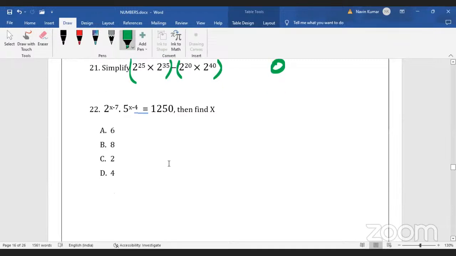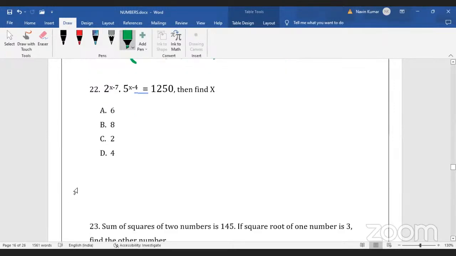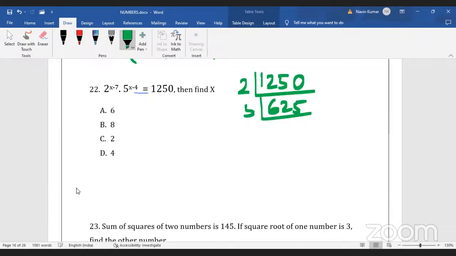Okay, question number 22. Sir, 8. How did you get that? So 1250 can be written as 2 to the power 1 and 5 to the power 4. See, 1250. First you divide by 2, so you get 625, which is 25 squared.